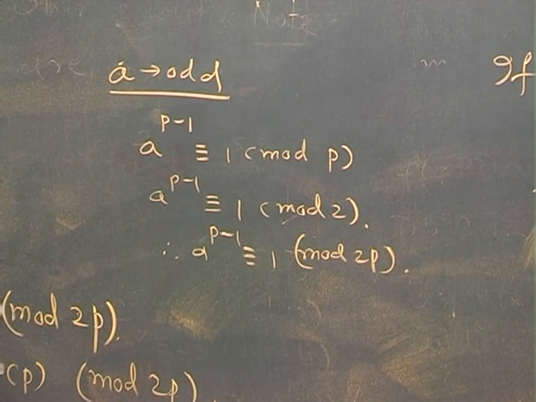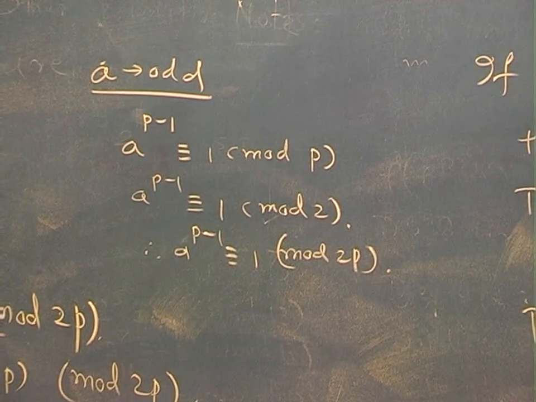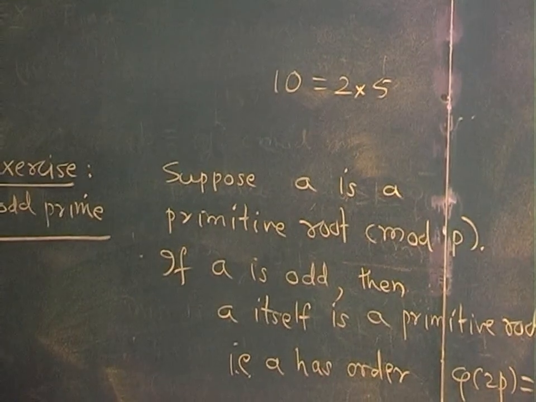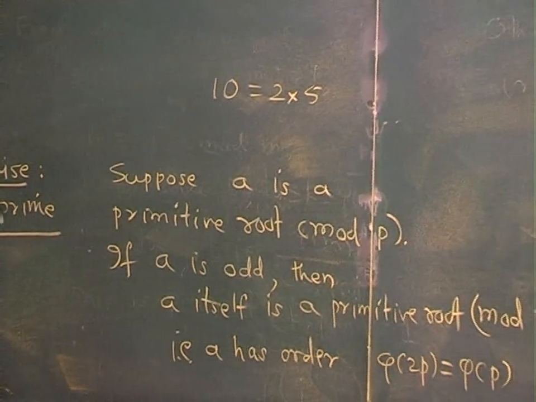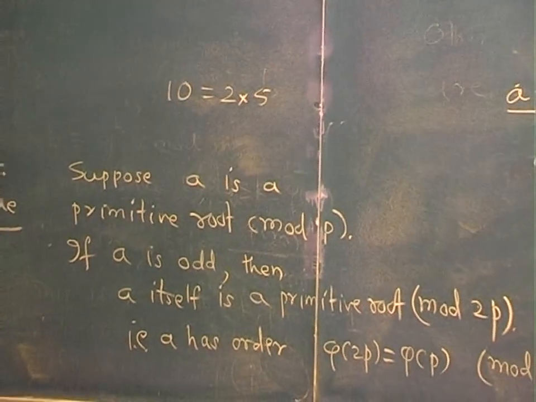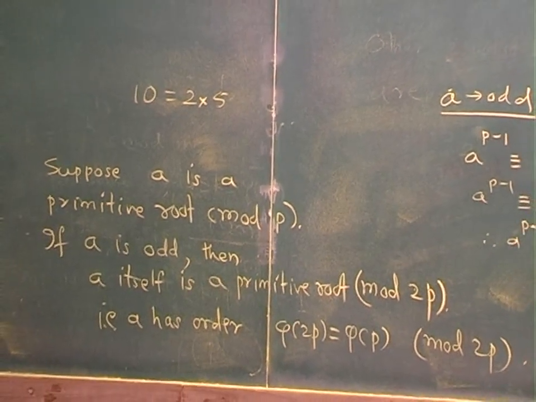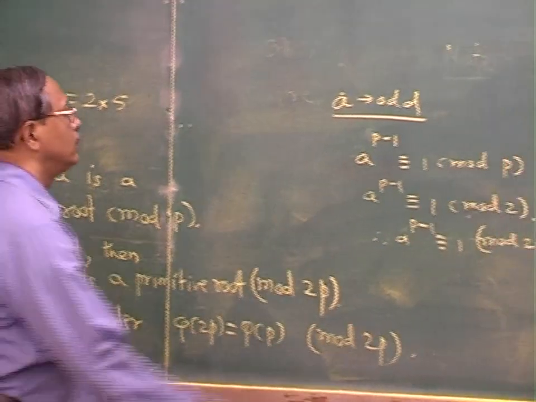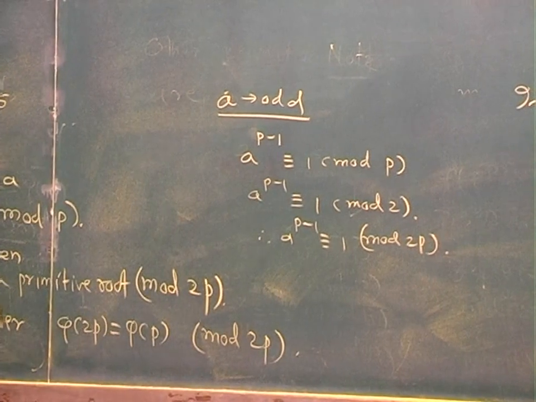And now, using that the order of A mod p is the least, such that order of A mod p is p minus 1, here also you show that p minus 1 is the least.